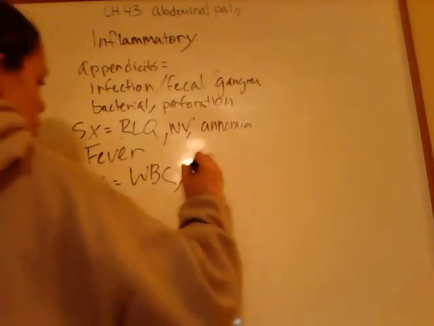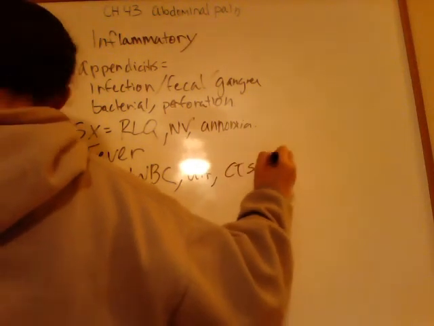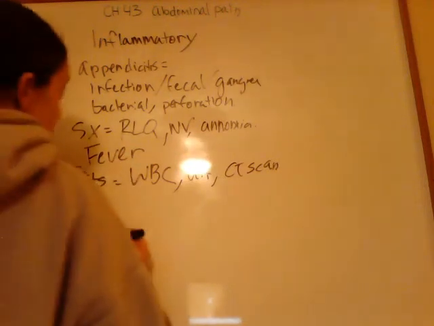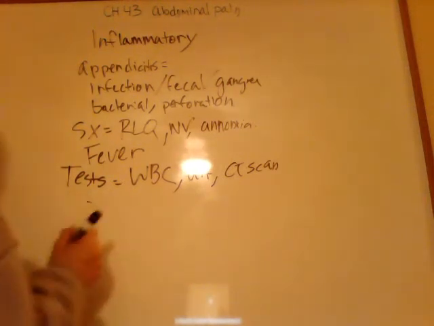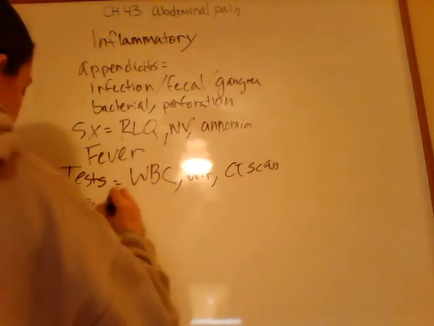You want a UA to rule out other causes. A CT scan might be necessary. And again, if the appendix ruptures, then you can lead to infection and peritonitis. So your treatment here, obviously, is going to be removal.